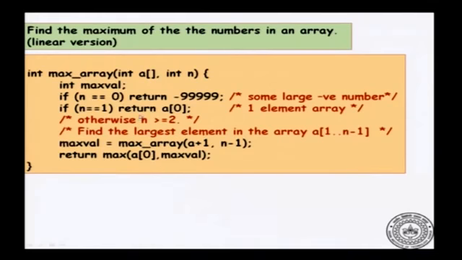Otherwise, you have at least two elements, and earlier what we did was you call the subproblem a plus 1, so the array which starts with the second element, and now the subproblem has n minus 1 elements, because you are considering a 0, the first element, as a separate thing. Now, what you wanted to return was the maximum of whatever was returned in the subproblem. So, let that be some max val, and whichever is greater, a 0 or max val, that is going to be the greatest element in the array.